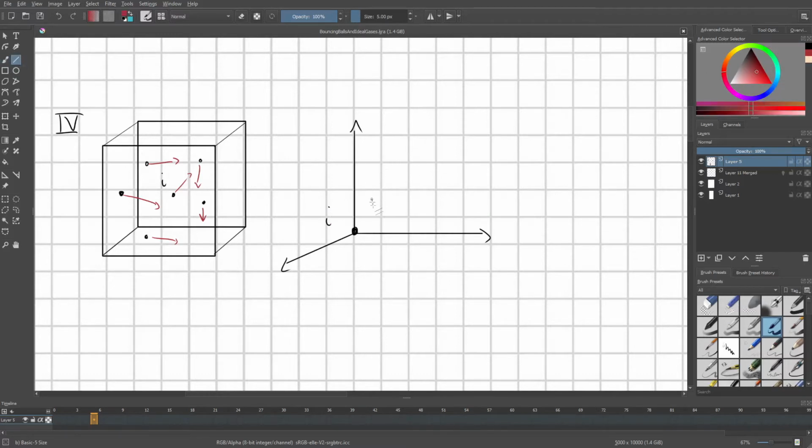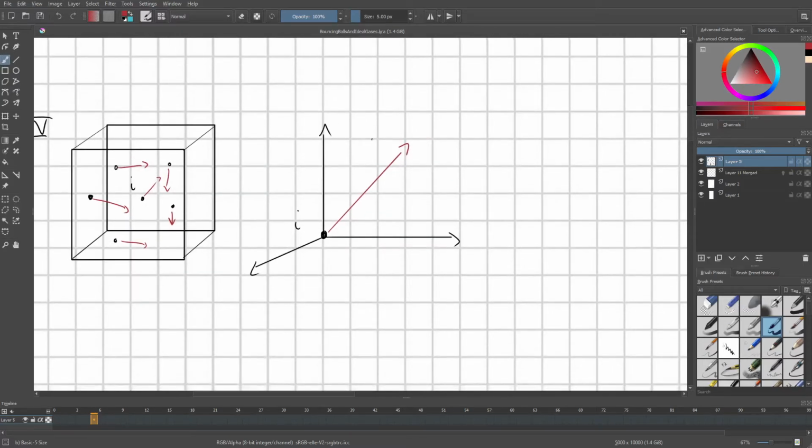It looks like this guy has a velocity that points like this, and let's go ahead and call this V. And this is going to break down into 3 components. So we can break this down like this. There's my diagonal, and then something like this.